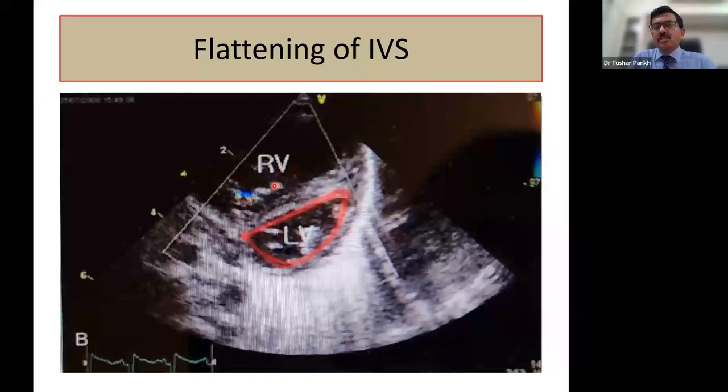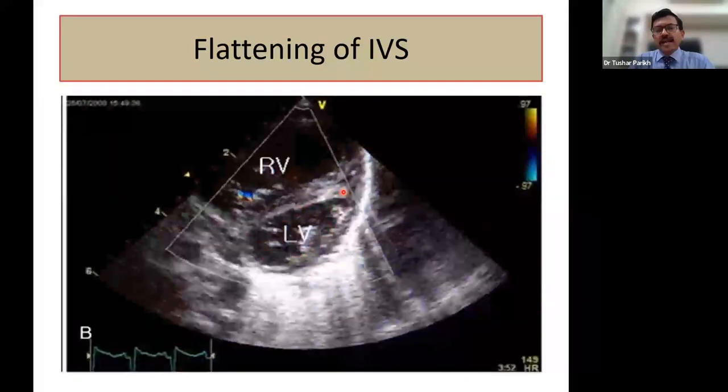When you have a D-shaped ventricle, it is a moderate pulmonary hypertension, where the right-sided pressure is equal to the left-sided pressure. Sometimes the interventricular septum line is not flat, it becomes crescentic like this. It means that there are suprasystemic right-sided pressures.